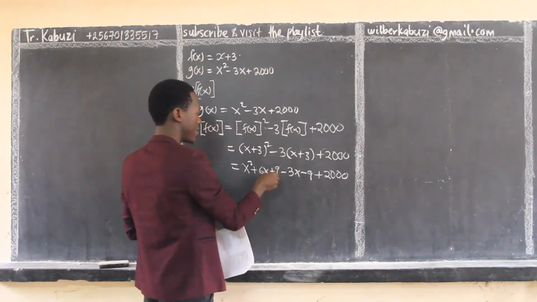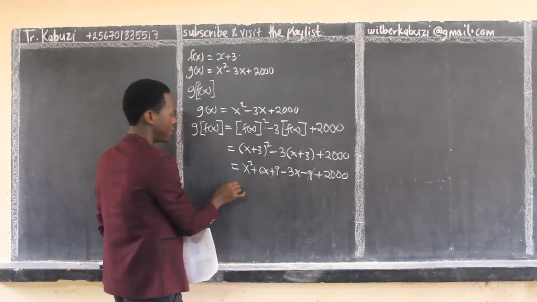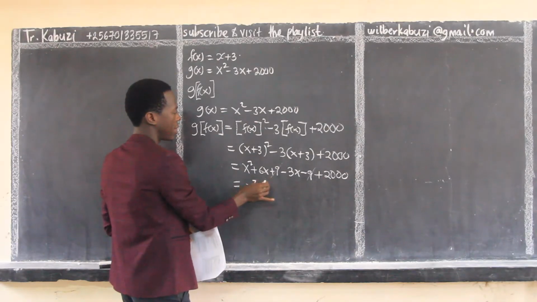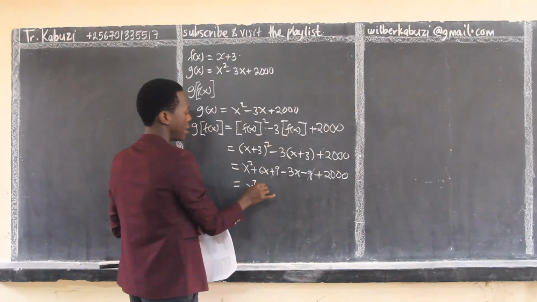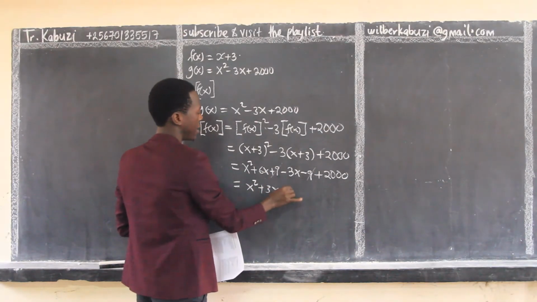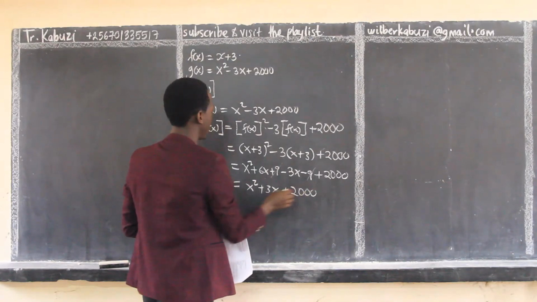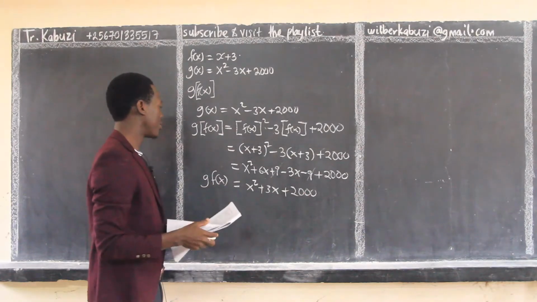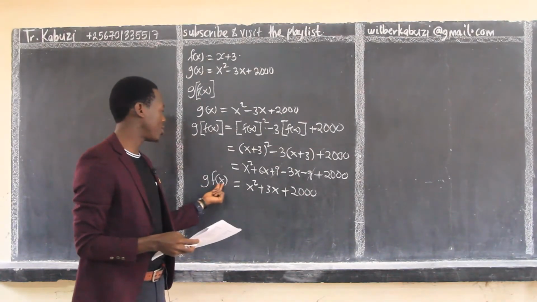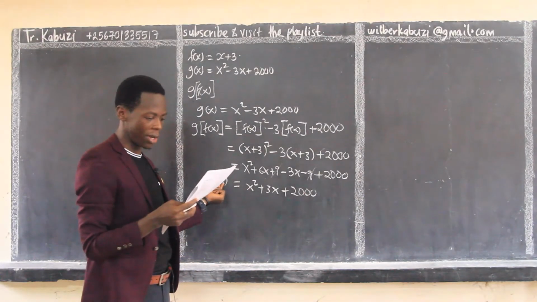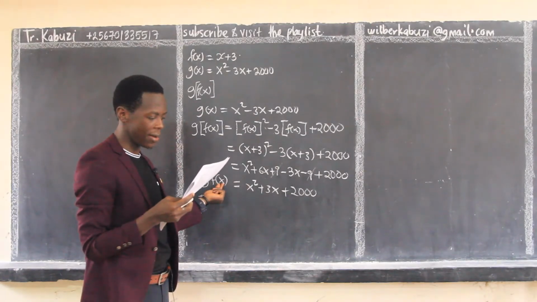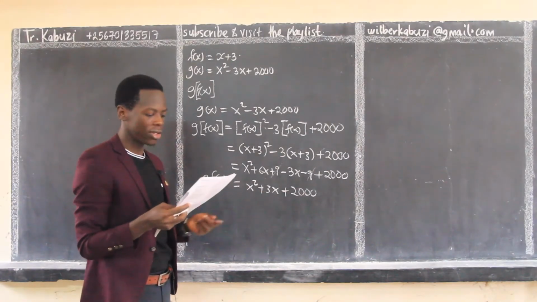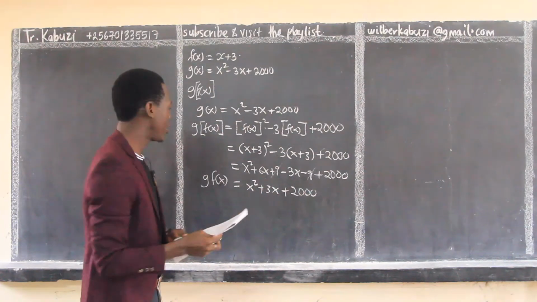Of course, you see that this one is vanishing, so giving us x squared plus 3x plus 2,000. So this is our g f of x. So when we substitute in the 50 units, they want us to get the revenue. We shall be able to get the total revenue for the 50 units.